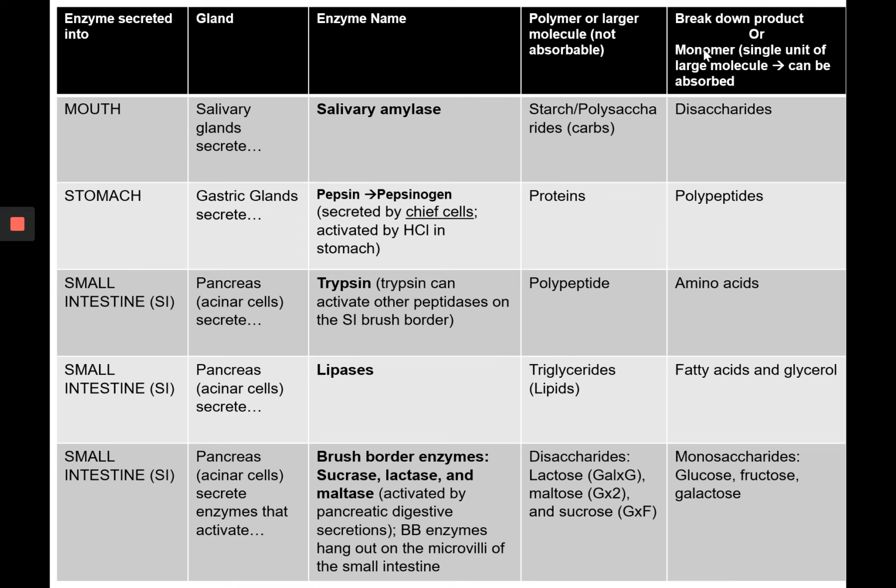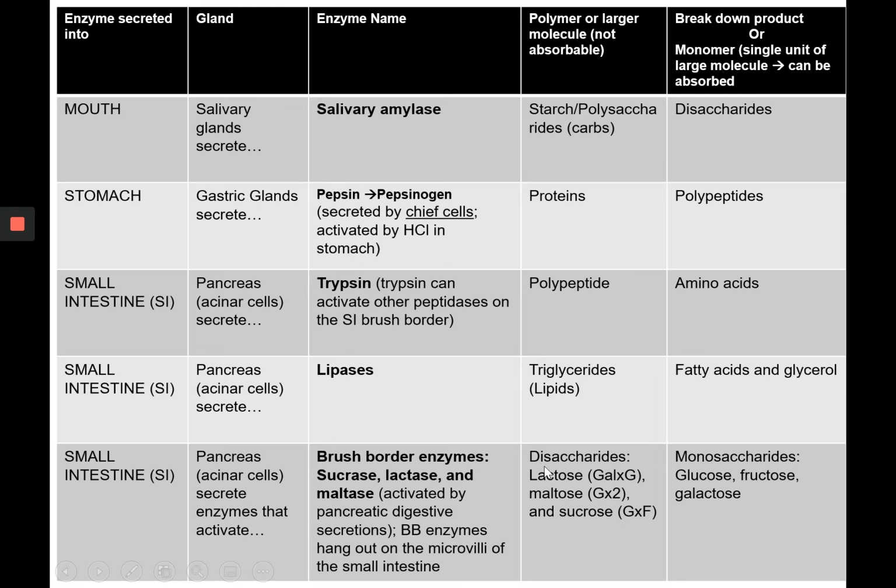It should be review. So salivary amylase is an enzyme produced by the salivary glands and secreted into the mouth. It's going to help us break down polymers like starch and polysaccharides. So that polymer is a carbohydrate. It's going to break them down into disaccharides, which isn't the monomer yet. Carbohydrate breakdown will continue in the small intestine.